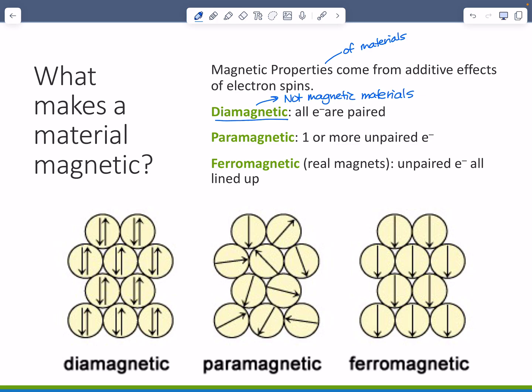In paramagnetic materials, your outermost orbital, your highest energy orbital, may have only one electron in it. And in those materials, the magnetic fields may be pointing in all different directions. This is a common state, with lots of paramagnetic materials.